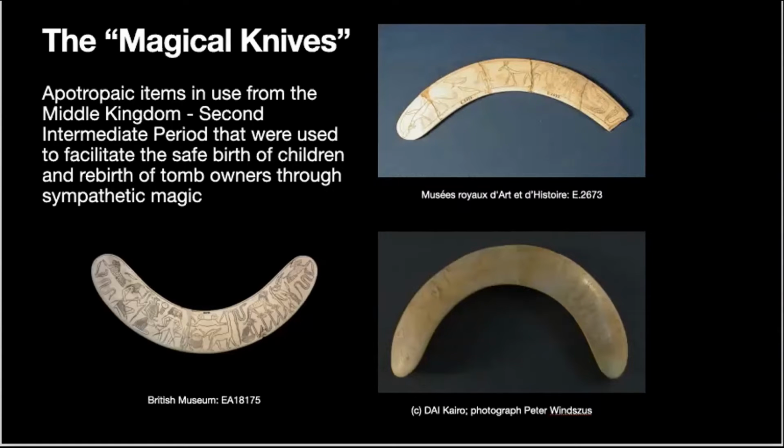Now, in his 1965 dissertation, Hartwig Altenmüller convincingly argued that these figures on the knives represented members of the solar entourage that helped to aid the rebirth of the sun god each day. In a practical sense then, these figures worked in an apotropaic manner to aid the birth of a child or the rebirth of the tomb owner via sympathetic magic, in which the protected person took the place of the solar deity within the entourage.